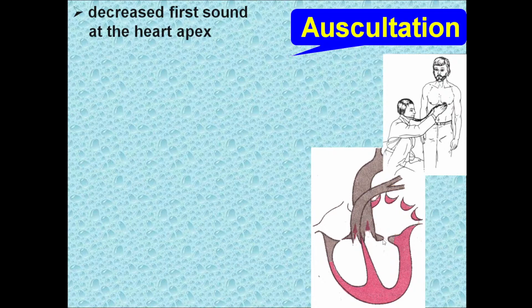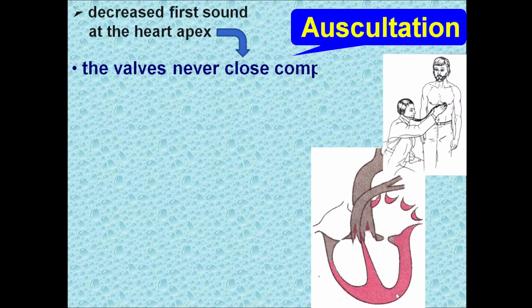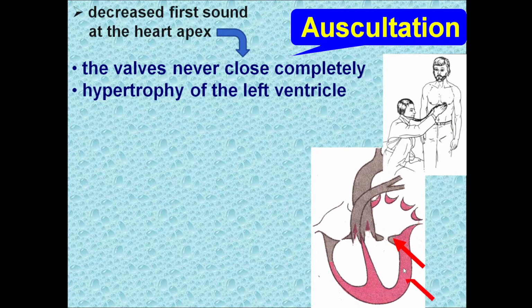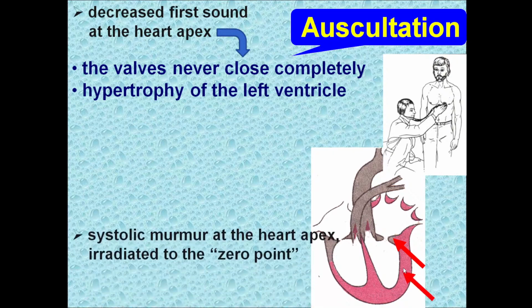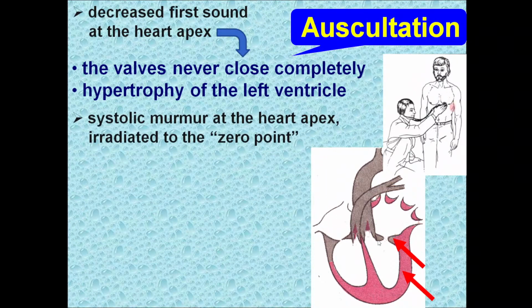First of all, the valvular component, the unclosed mitral valve, and the muscular component due to dilated and hypertrophied heart muscles. Weak first sound. We see a systolic murmur, which shows turbulent movement through the unclosed mitral valve.